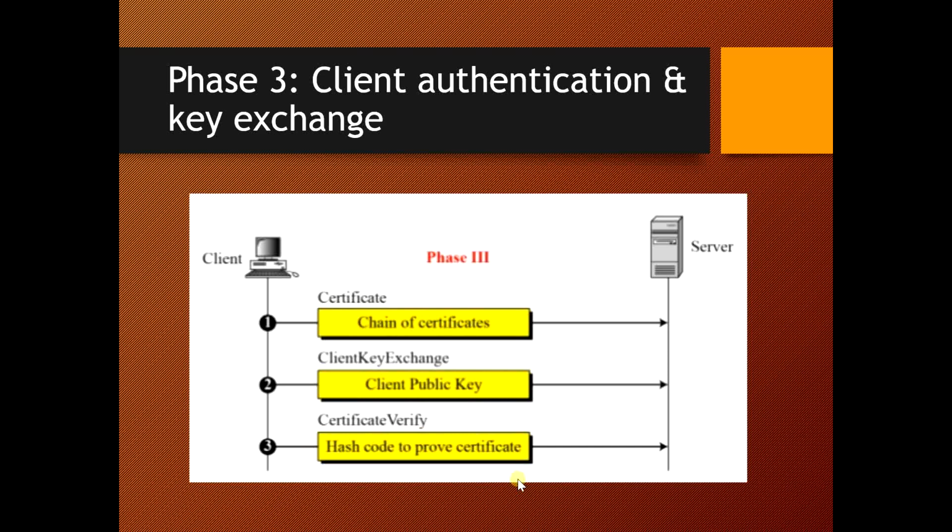If all are satisfactory, then the client will send one or more messages back to the server. If the server requested a certificate, the client will begin this phase by sending the certificate message. If no suitable certificate is available, the client will send a no certificate alert.